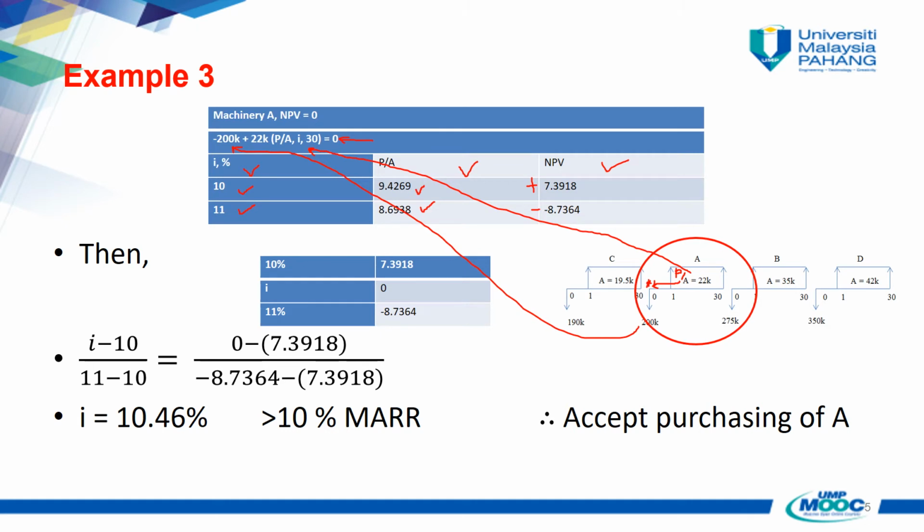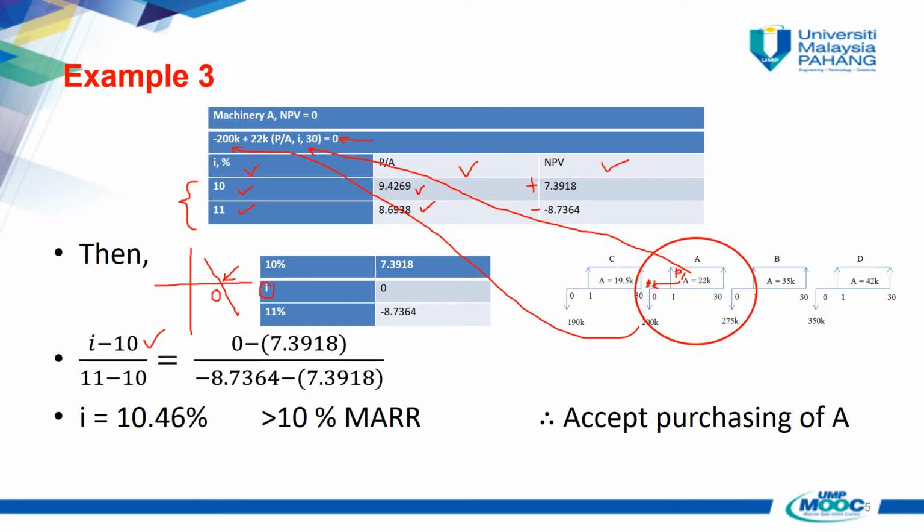All right, so once we know this, we directly know that our I is between 10% and 11%, and then we interpolate between those two. You want to know what happened at our 0 here.